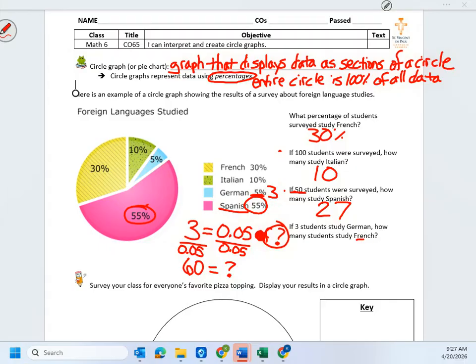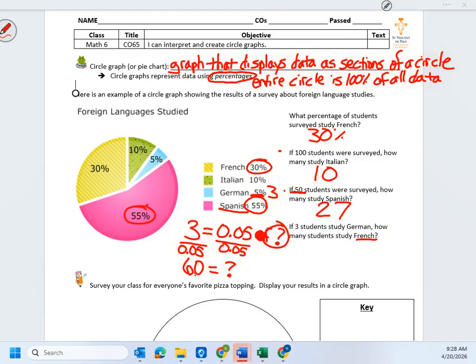Now we can find out how many studied French. How do I figure that out? It's like what we were doing up above. So how did we figure it out up above? If we know the total number of students, and we know French is 30%, how many students is that?